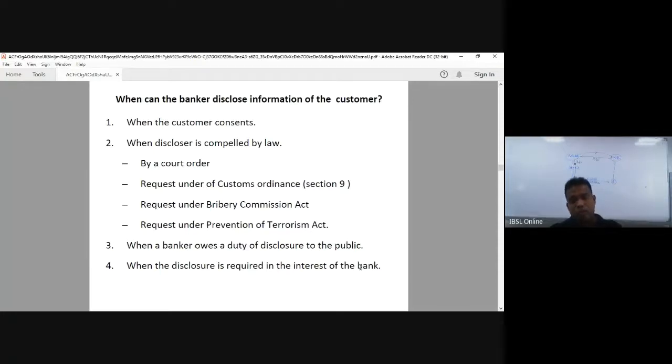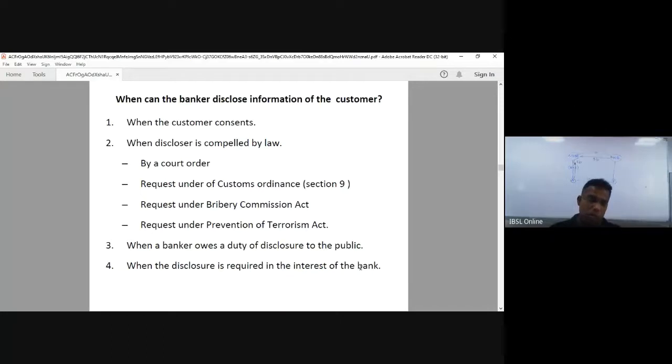Now let us think of a situation like this. Say there is a well-known drug dealer, right? That person is maintaining an account with you.